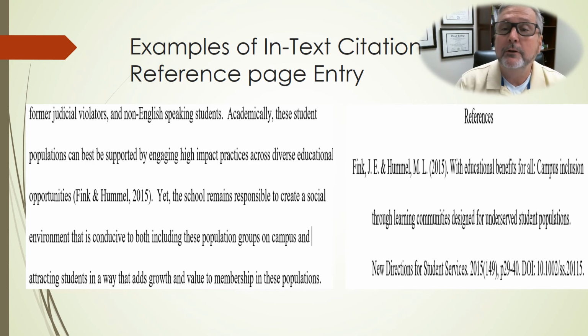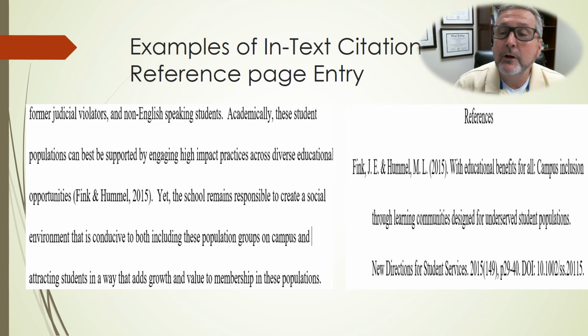If you look on the right-hand part of this screen, the references, which will be a separate page all by itself at the very last page of the paper, we'll find the entry for Fink, J.E., and Hummel, M.L., 2015, period, and the work is known as With Educational Benefits for All, Campus Inclusion Through Learning Communities Designed for Underserved Student Population.